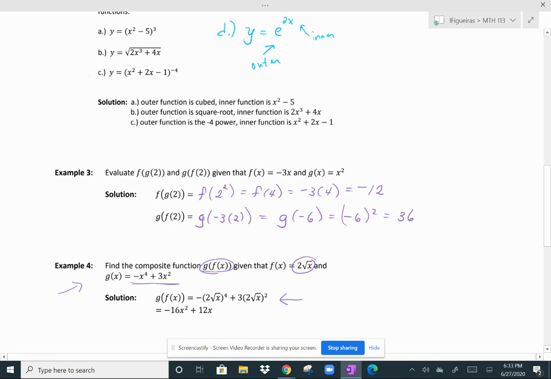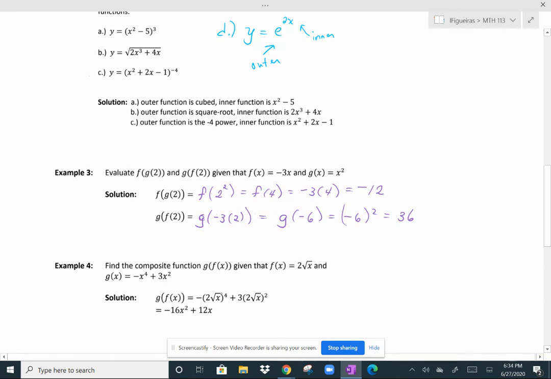Instead of negative x to the fourth, I'm going to have negative 2 root x to the fourth power. So that's replacing this with 2 root x. And then plus 3, and then replace the x squared with 2 root x. Then the rest of the work you have to do is just to simplify those expressions.